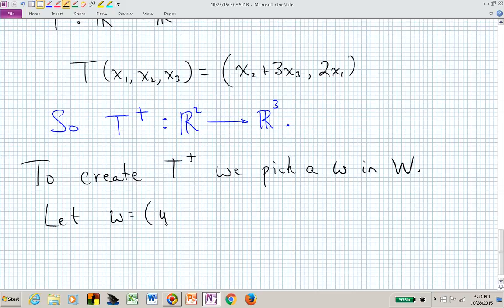Let's call those, obviously enough, Y1 and Y2 for W. But at least this now allows us to talk about the first component of the vector W and the second component of the vector W.